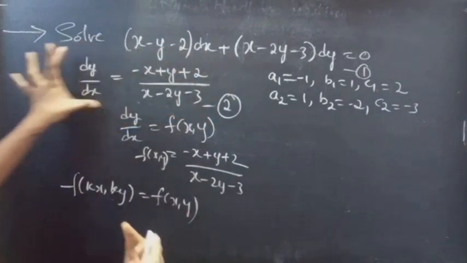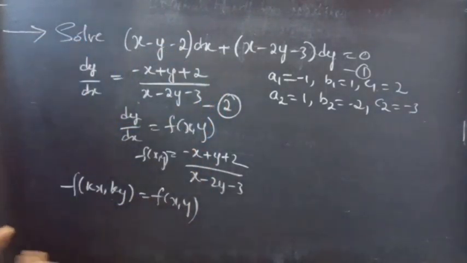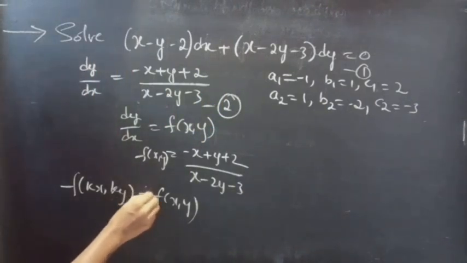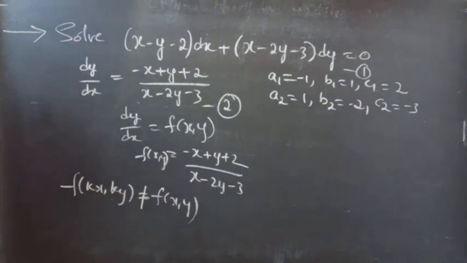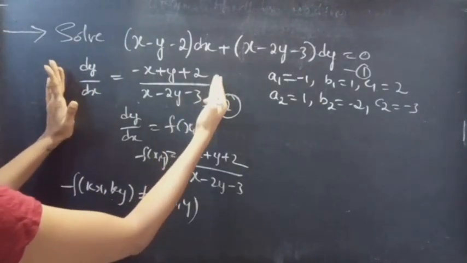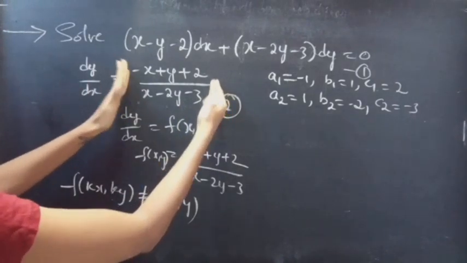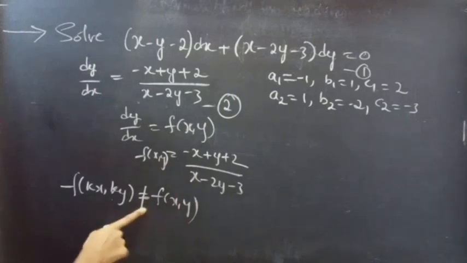Then the differential equation involving a homogeneous function is called a homogeneous differential equation. If this does not happen, then we call this equation a non-homogeneous differential equation, since the function is not homogeneous.